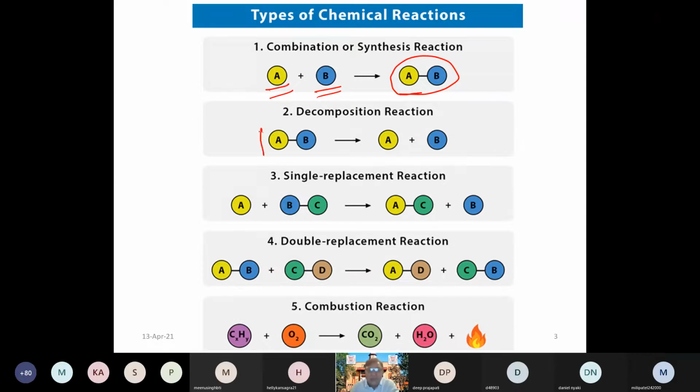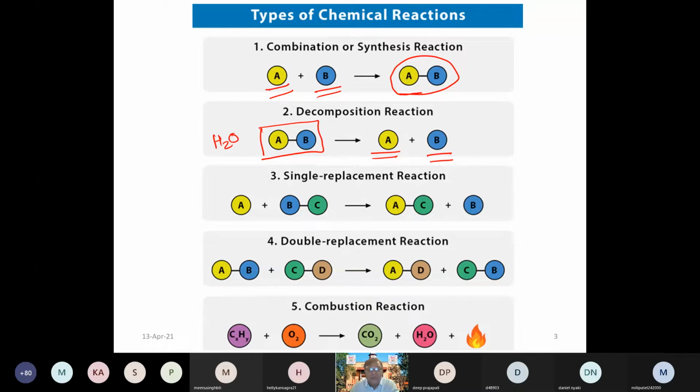Sometimes if we are having an AB molecule, from the AB molecule dissociation will take place and we will get A and B separate. This type of reaction is known as a decomposition reaction. Here I can give the example.